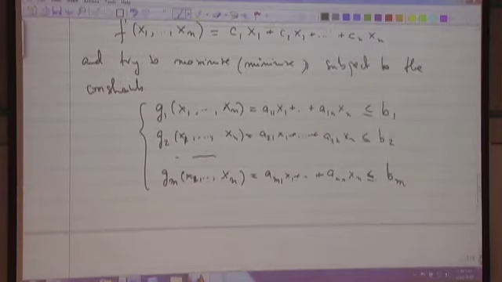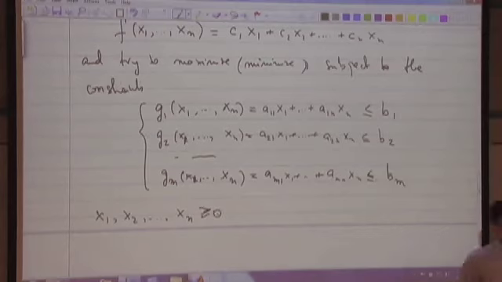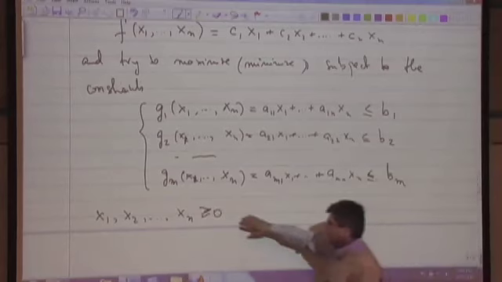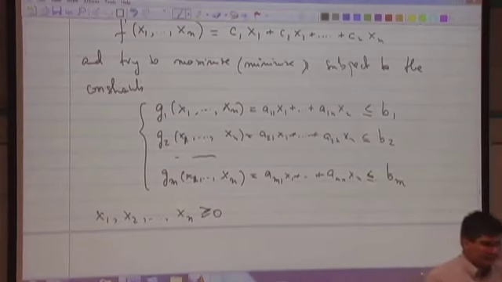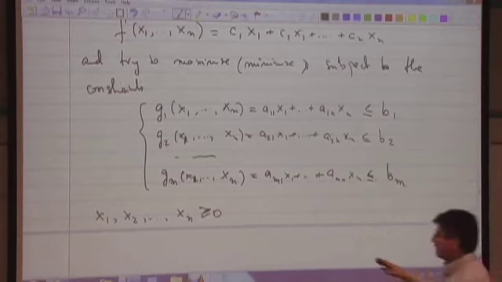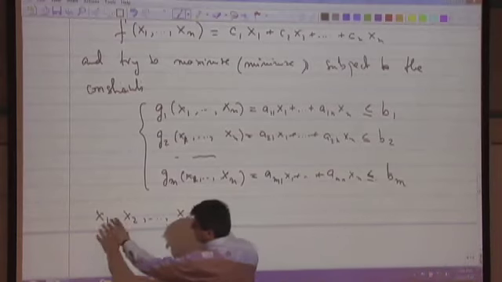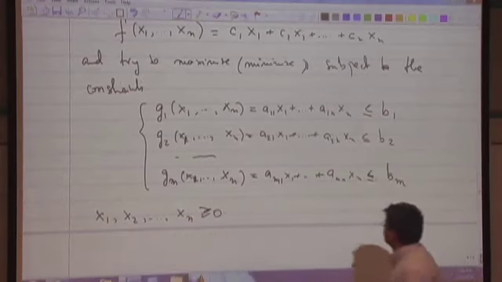Again, keep in mind that for our applications, there's going to be, if you want, an additional number of constraints. But we're going to treat them separately, right? We're going to treat them as special constraints.